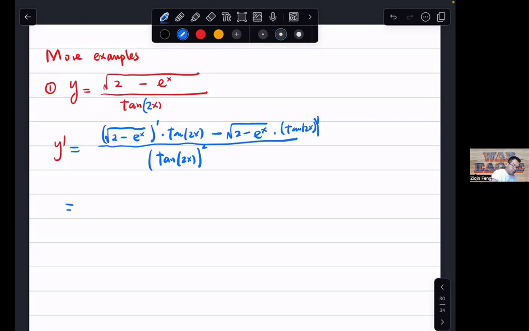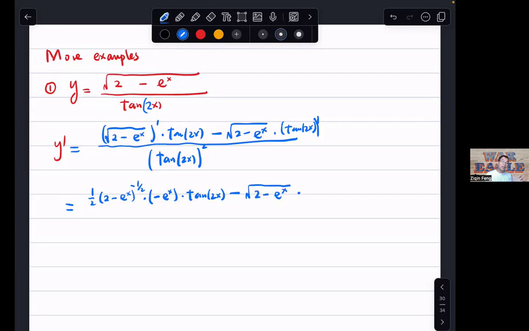So this is 1/2 times 2 minus e to x to the power negative 1/2, times the derivative of 2 is 0, and derivative of e to x is e to x, times tangent of 2x, minus square root 2 minus e to x times tangent 2x prime.